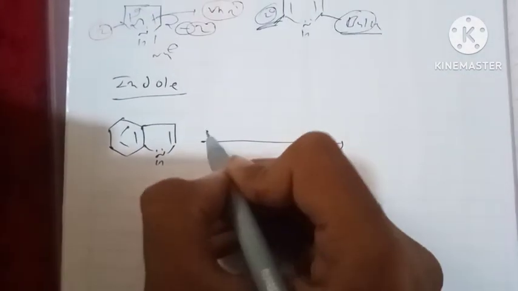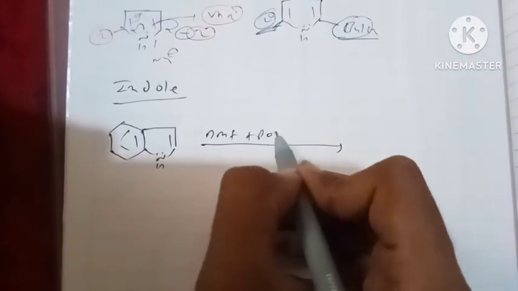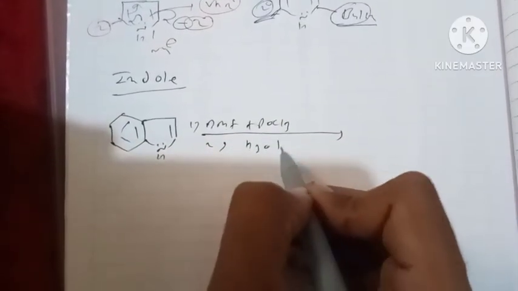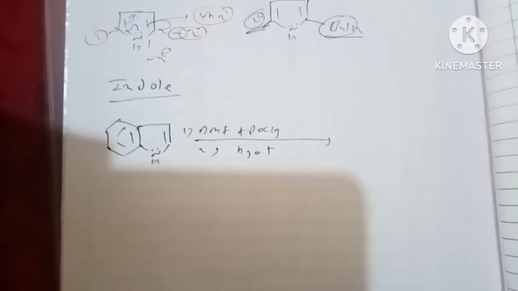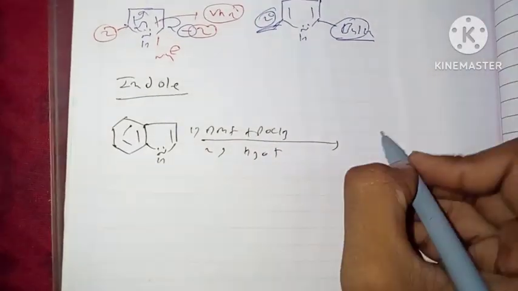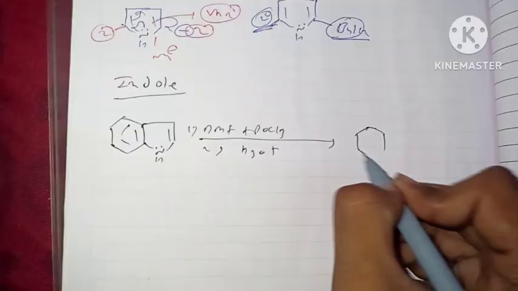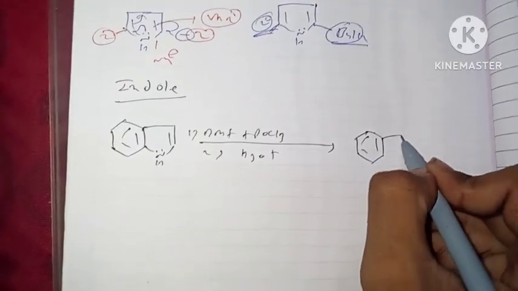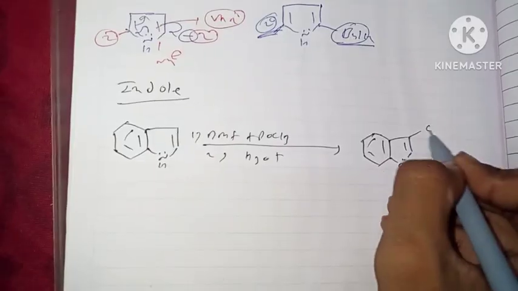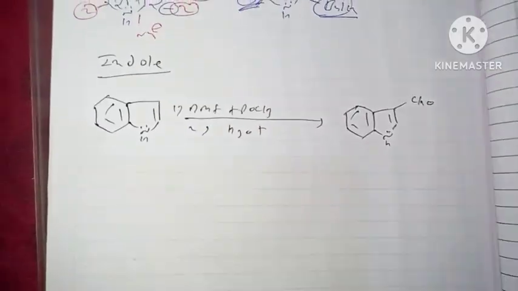And when we react with our DMF, POCl3 and then H3O plus, we get formylation on the third position, means the final product looks like this.